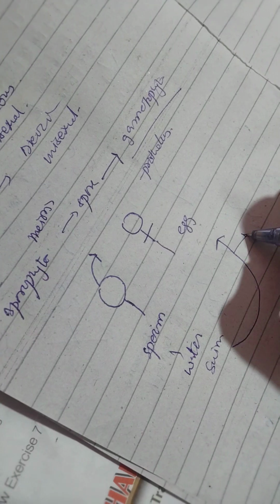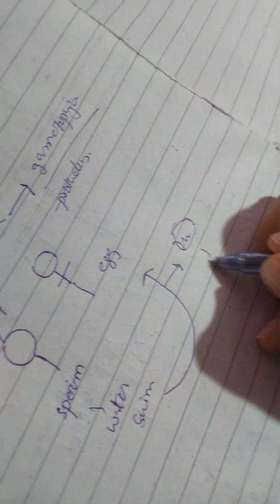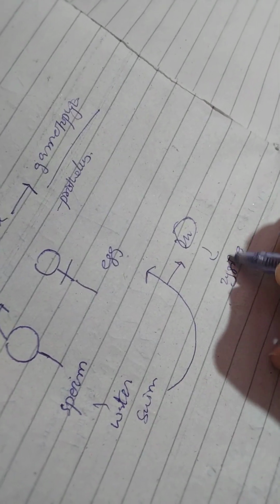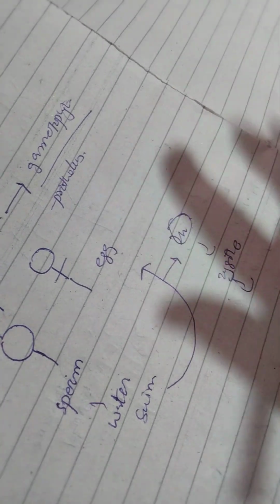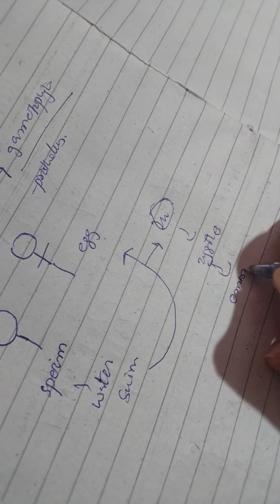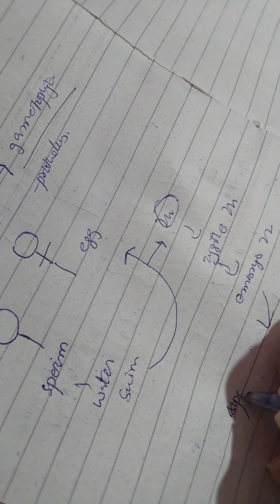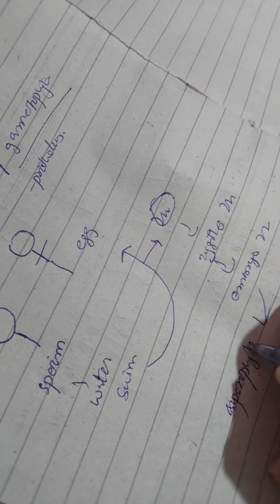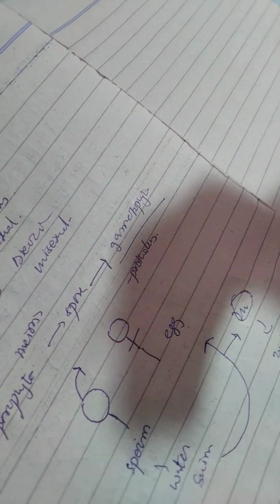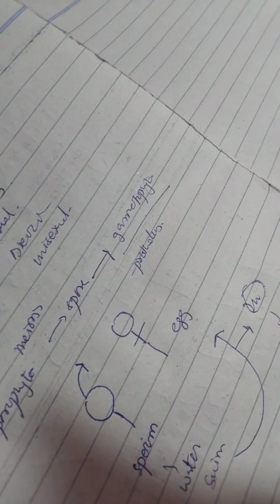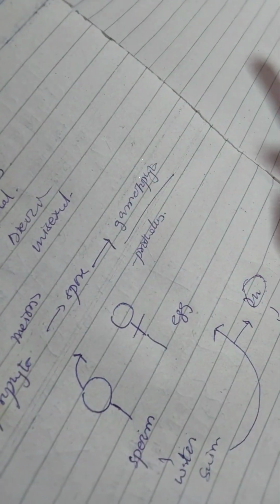And the 2n zygote will be formed, then the zygote to the embryo, which will be 2n, and the embryo again to the sporophyte. So basically this is the life cycle of Psilopsida, one of the types of vascular seedless plants.